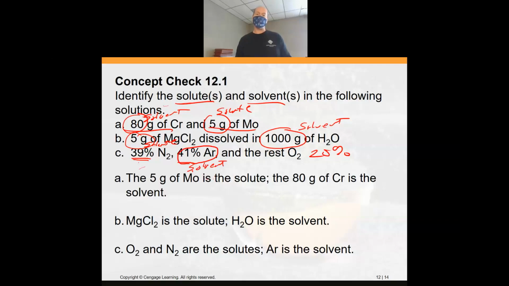Always one solvent. All of the rest are solutes. So 39% nitrogen is a solute, and the 20% oxygen is a solute. Make sure you can identify your solute and your solvents in order to make solutions.